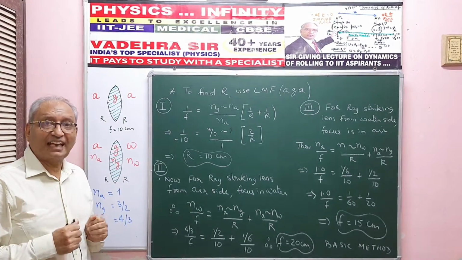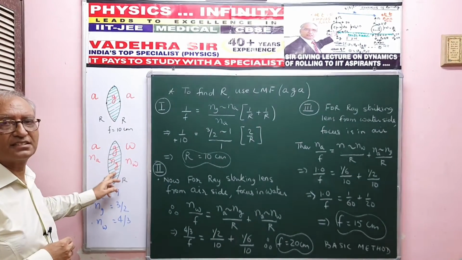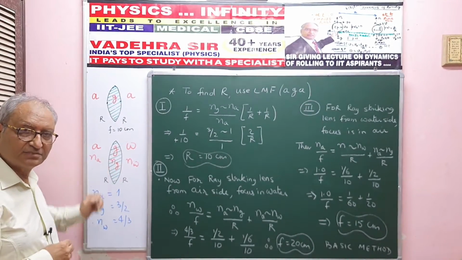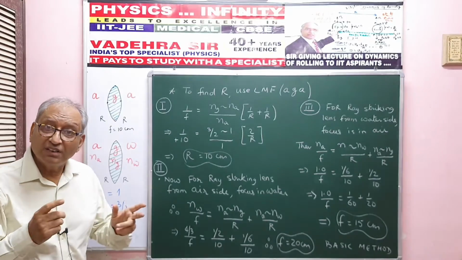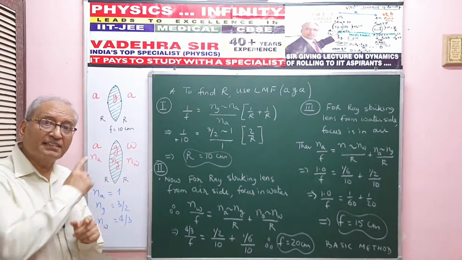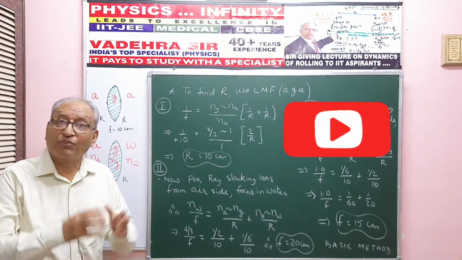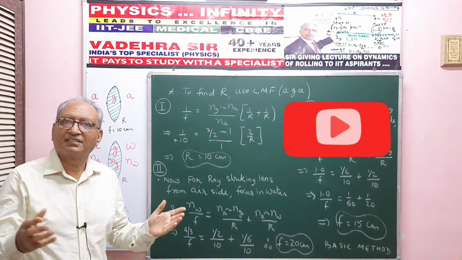There are two cases for that. If the ray is hitting the lens from the air side, or if the ray is hitting the lens from the water side, the focal length will be different.